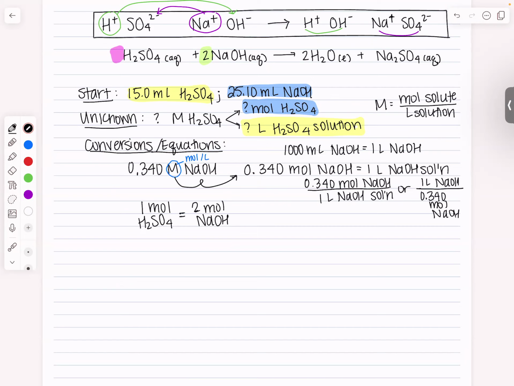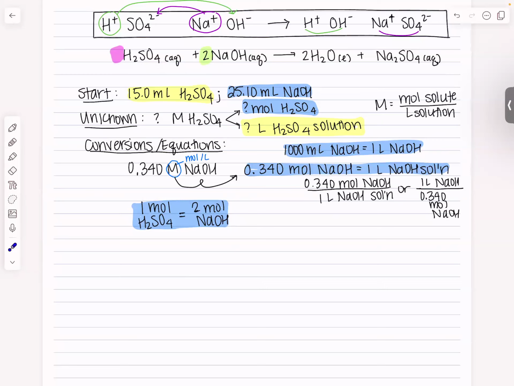So now this is all the stuff that I need to go from milliliters of sodium hydroxide to moles of sulfuric acid. Let's highlight these for you. These are the conversions I'm gonna need, all the stuff in blue. And the mole ratio I get from the balanced chemical reaction.